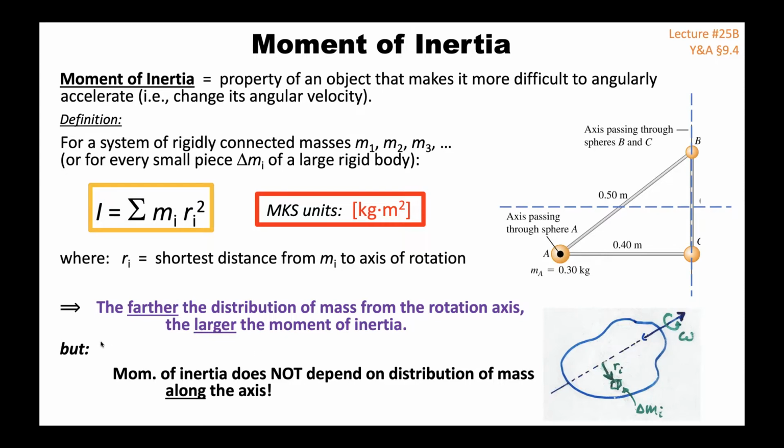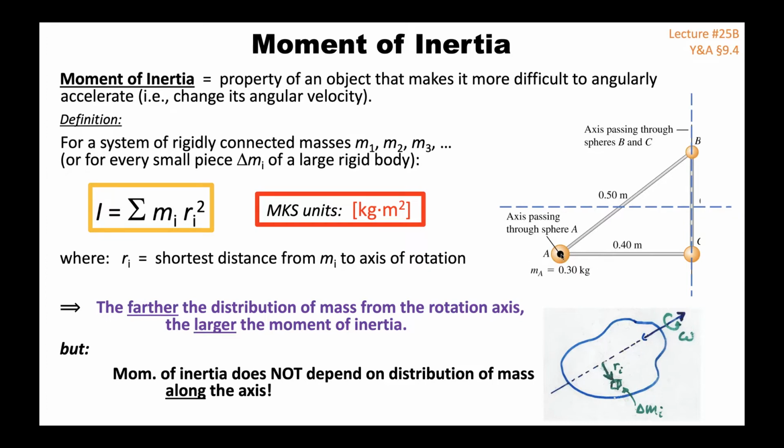But notice there is something that is not in this equation, and that is where the mass is located along the axis. So if we were to consider our original first axis of rotation, this vertical blue line right here, it would matter how far mass A is from that axis. Right now, it looks like mass A is 0.4 meter. So if mass A were to come closer to the axis, we would decrease moment of inertia. Or if we were to take it farther from the axis, we would increase its moment of inertia.